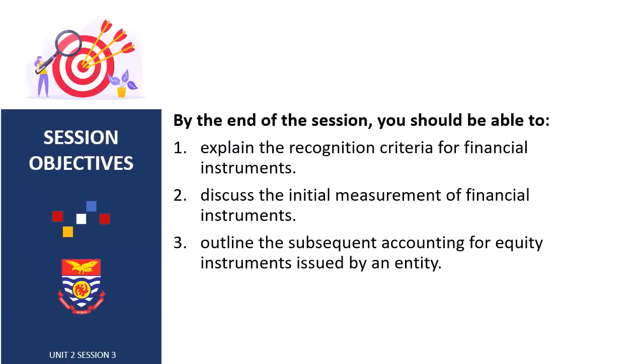At the end of this session, it's expected that we'll be able to explain the recognition criteria for financial instruments, to discuss the initial measurement of financial instruments, and outline the subsequent accounting for equity instruments issued by an entity.